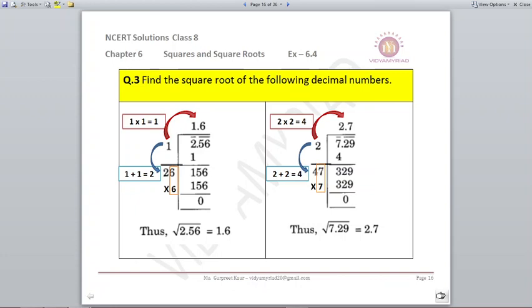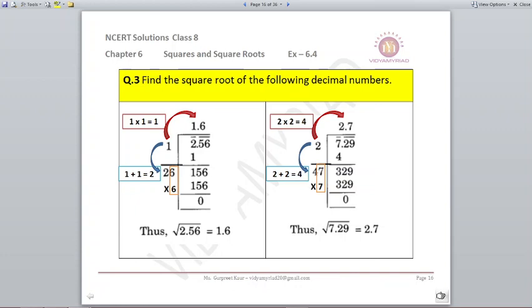I want 2 minus 1 is 1. I will bring 56 down and put decimal after 1 point, and I have to find out what is the next number. I want 6 at the end, so it can be probably 26 into 6, that is 156. So square root of 2.56 gives me 1.6. Please remember to put the decimal whenever that stage comes.